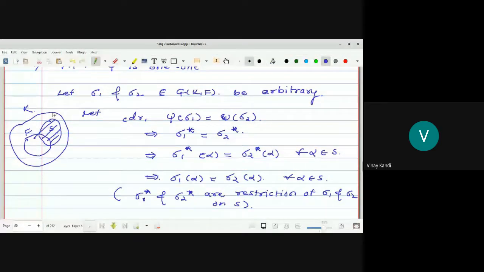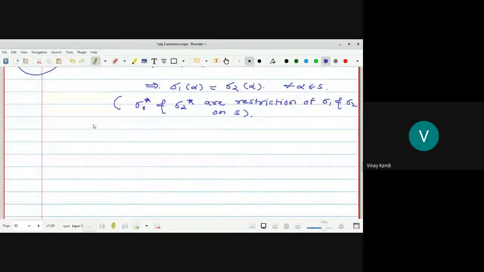K is nothing but the splitting field of a polynomial. That means if you join all the roots to the base field, we get the bigger field K.